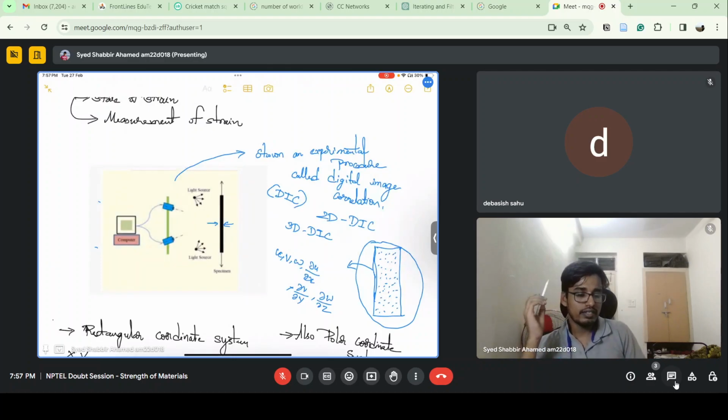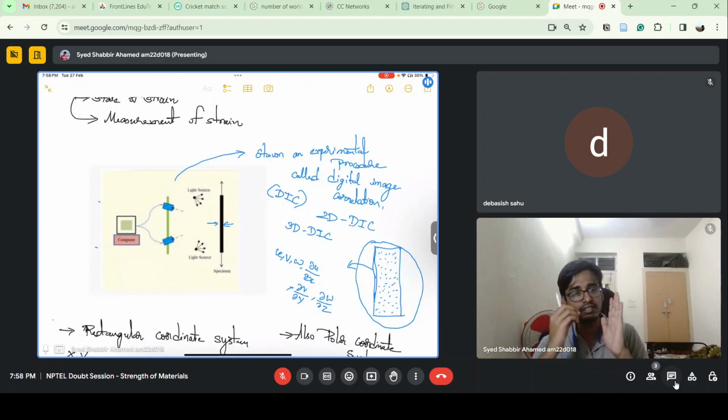Whenever you have an arrangement of two cameras and a light source, this will give me strains in three dimensions. Whenever we have only one camera, it is called two-dimensional image correlation. That gives only the strains in the x and y directions: epsilon xx, epsilon yy, and gamma xy. Three-dimensional correlation gives the entire 3 by 3 matrix.